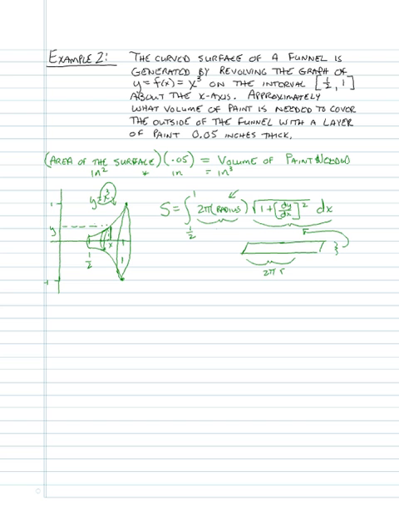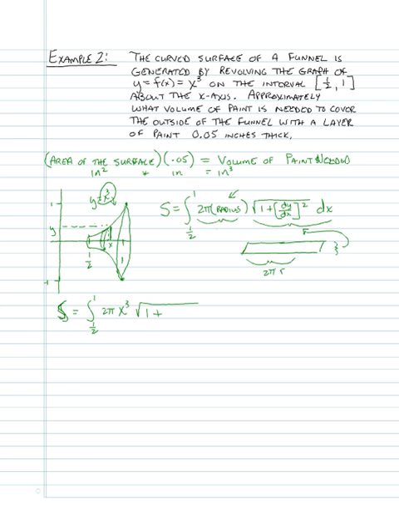So as we start this up, we'll have s is equal to the integral from 1/2 to 1 of 2 pi, and our radius is x cubed, okay, our y value, times the square root of 1 plus.